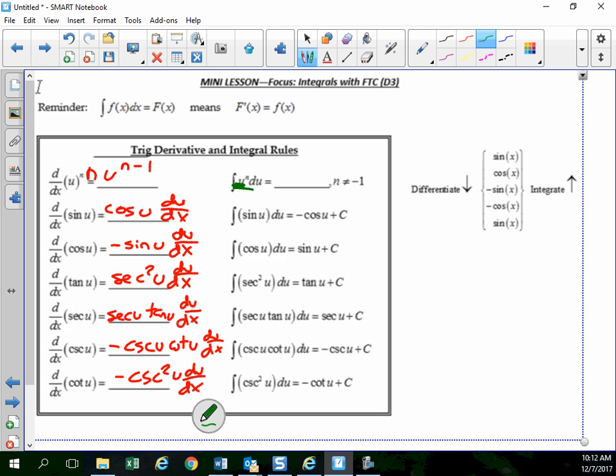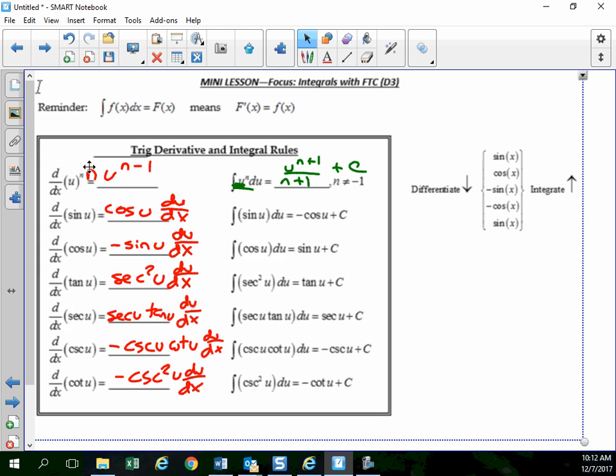Oh, u to the n plus 1 over n plus 1. Just like we've been integrating, u to the n plus 1 over n plus 1. That hasn't changed. That's still the same integration that we did. Isn't that the antiderivative of u to the n? Isn't it going backwards from u to the n? So integrating is going backwards.